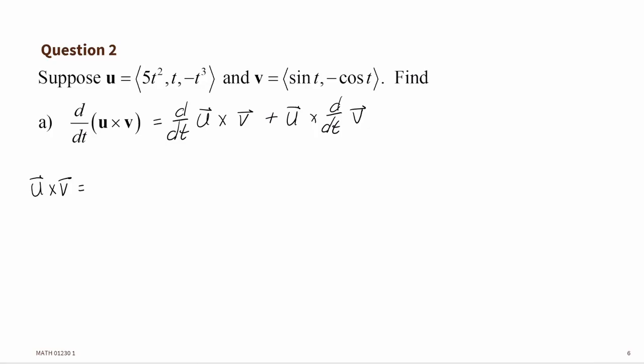Now what we're going to do is rewrite v. Since v is only given two components, we can write it as a 3 vector, just by making that third component 0.